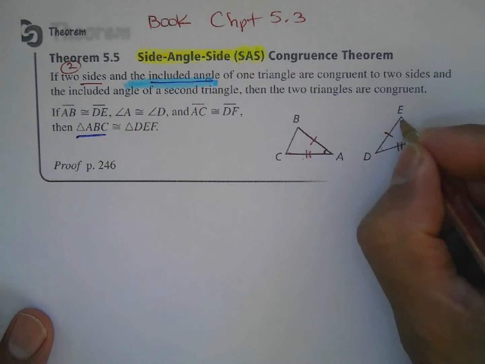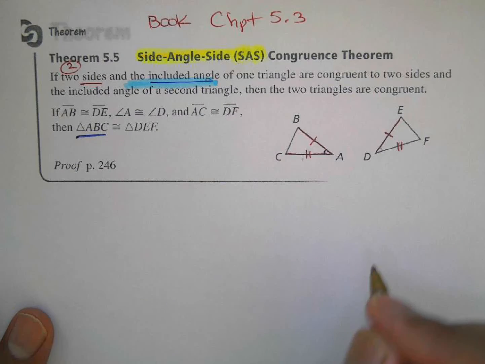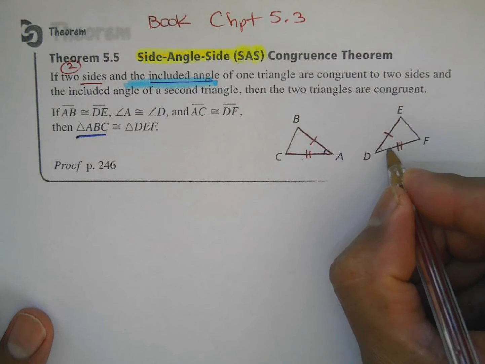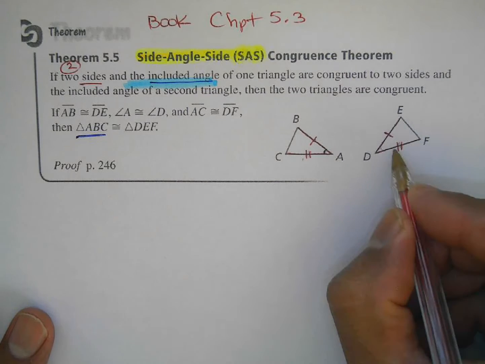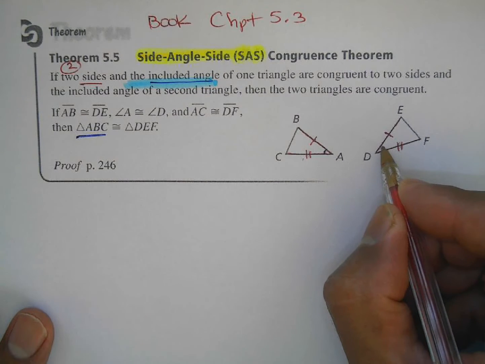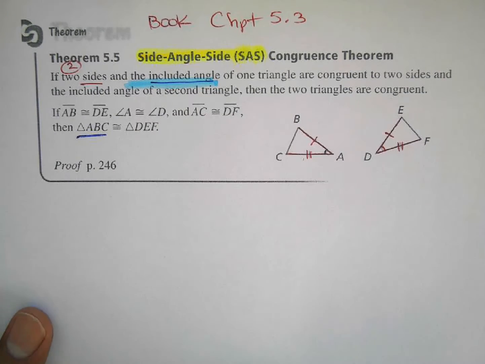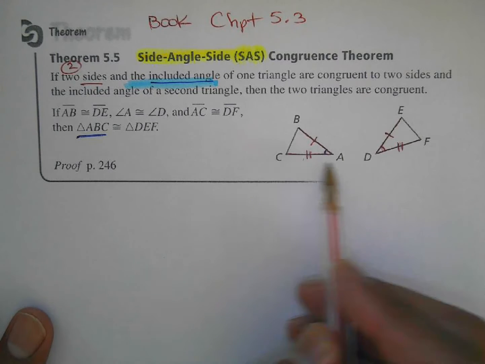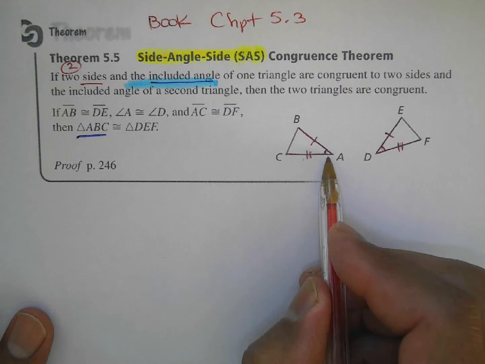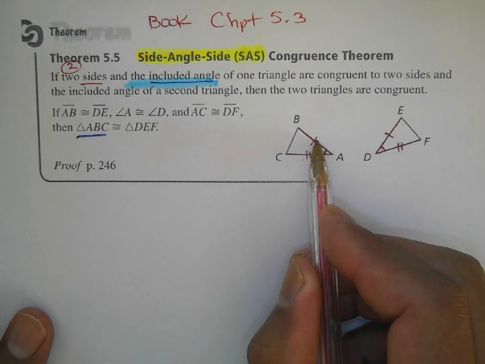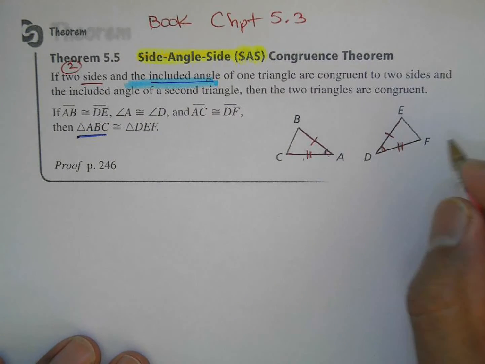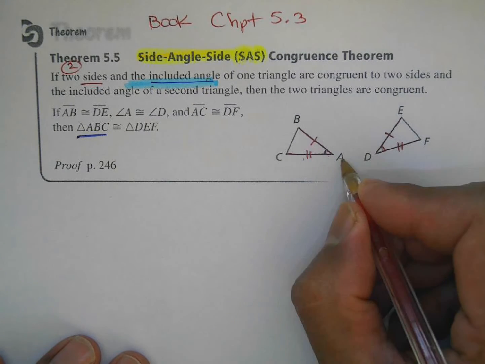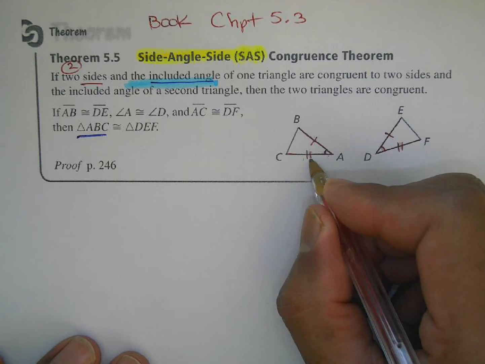Well, let's see. I think it'll help if you highlight or color it. If I highlight these two sides, which angle is in question here? This one. So if these two sides are congruent to these two sides, and you have the angle in between, the angle that's making those two sides, this would be side angle side.